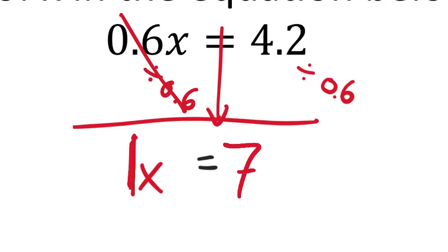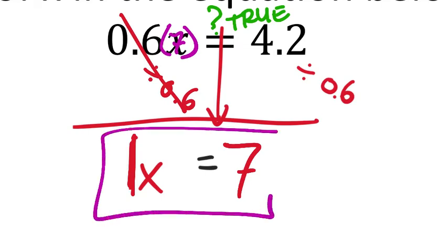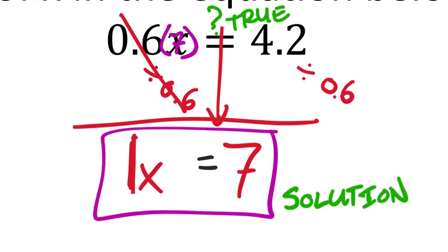Okay, so right now I'm pretty sure if I replace x with 7, I get a true statement. But let's check. If I replace that with 7, what happens to the equation? 0.6 times 7 is 4.2 on my calculator. That makes that equation a true statement. Therefore, I know when I replaced x with 7, I have a true statement, and so I know that x equals 7 is the solution.